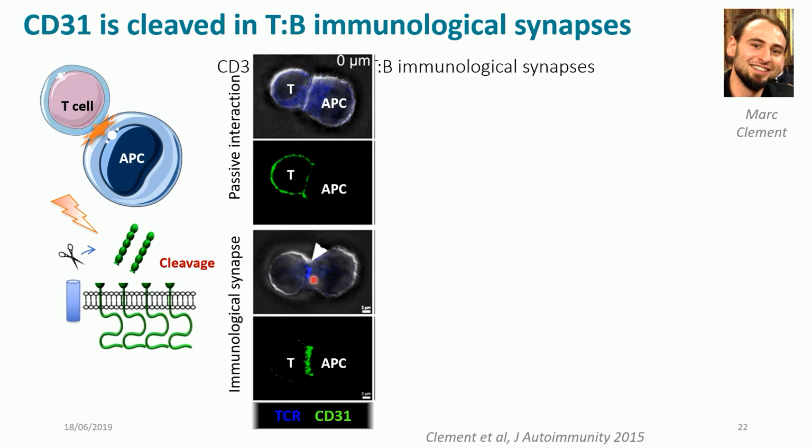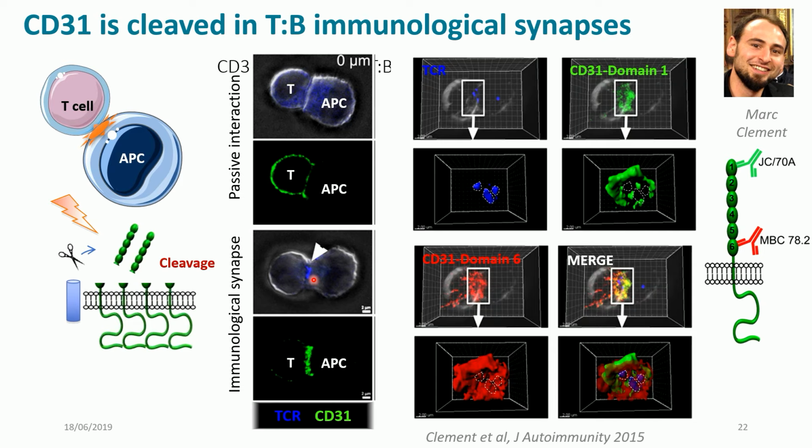But if you look at the two cells on the side, you can see that indeed within the clusters of the TCR, within the synaptic portion, the most distal portion of CD31 is gone. There are holes.